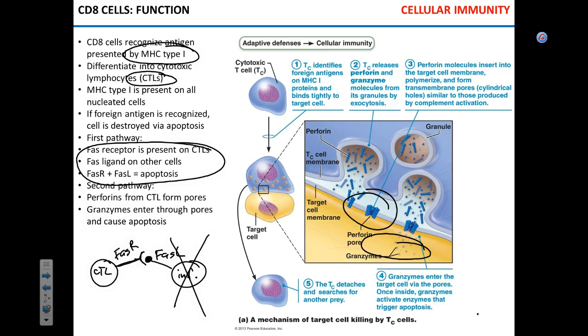So understand the concept of MHC restriction. Understand the process of activation, which is rather simple. Functions of CD4: B cell activation, macrophage activation, CD8 cell activation. Understand the process of how CD8 cells kill other cells, infected cells. It's all in the study guide. Any questions? Moving on.